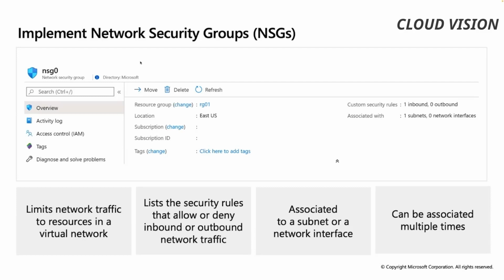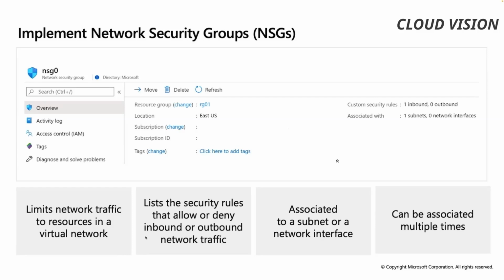With NSG, just to simplify the management of security rules, it's recommended that you associate a network security group to an individual subnet rather than an individual network interface. So instead of assigning it to the NIC, just assign it to the subnet. The benefit it gives is that it limits network traffic to resources in a virtual network.